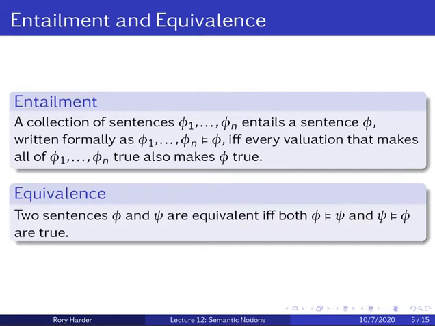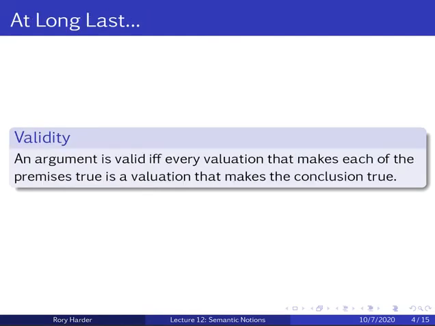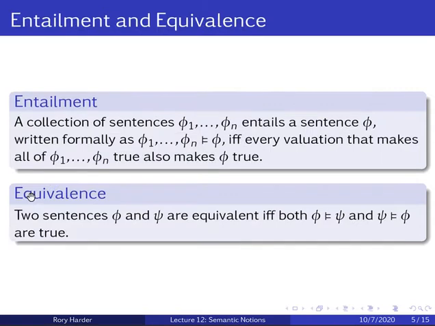Now, a very closely related notion to that of validity is that of entailment. And you can think of validity and entailment as essentially the same. So with validity, we're talking about an argument as being valid or not. And an argument has premises and a conclusion.